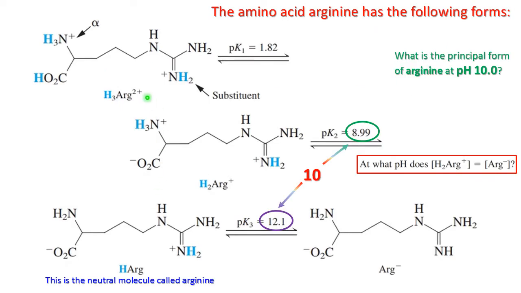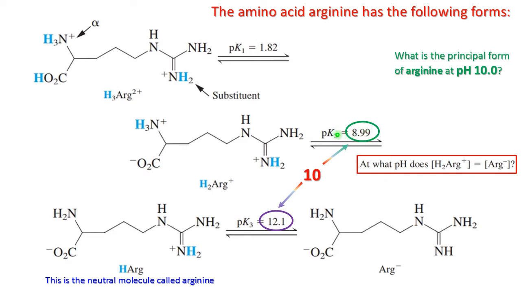Now a more complex case with 4 possible species, arginine. Here we have the completely protonated form. At pK1, it becomes once deprotonated. This proton is gone.